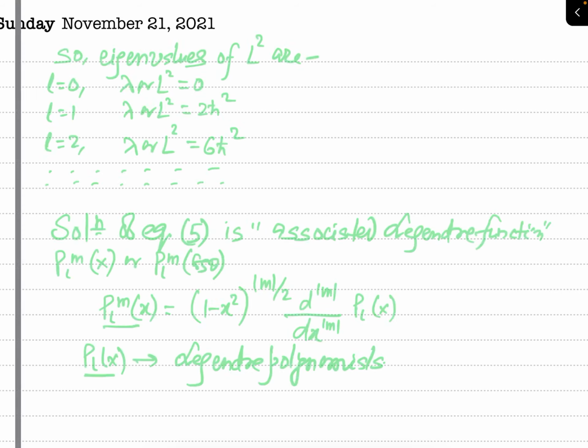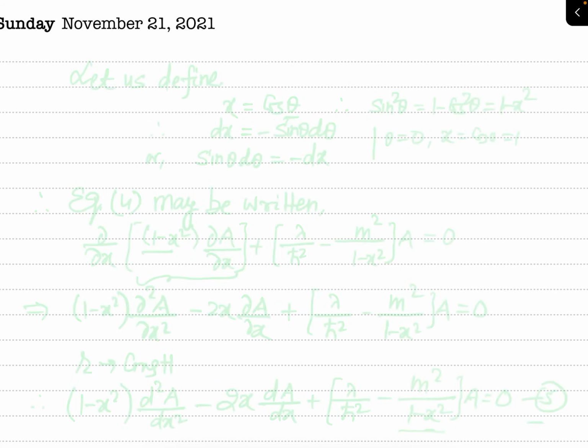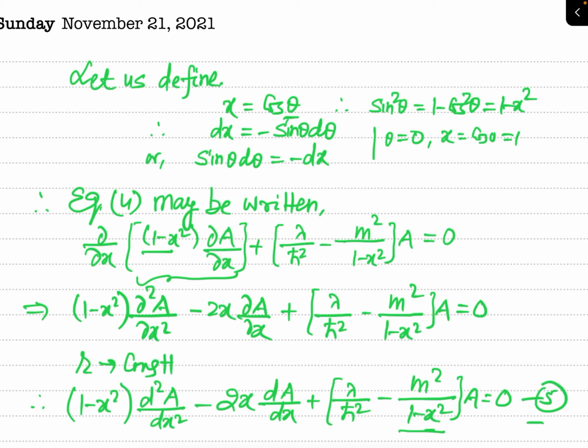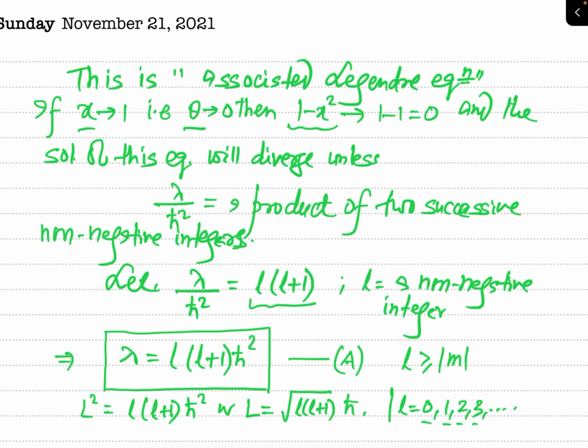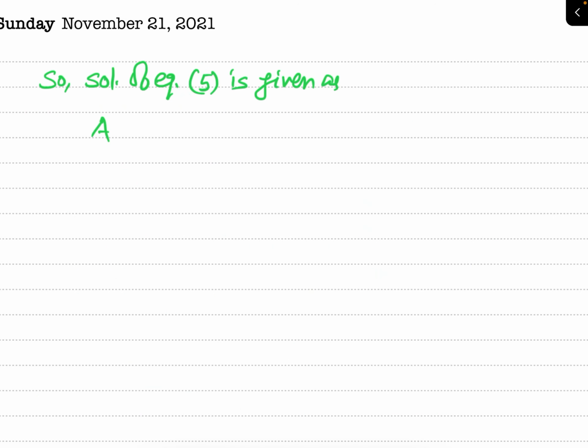The solution of equation 5 is given as: the equation is in terms of the function a, so its solution will be a, and that a is a function of x.